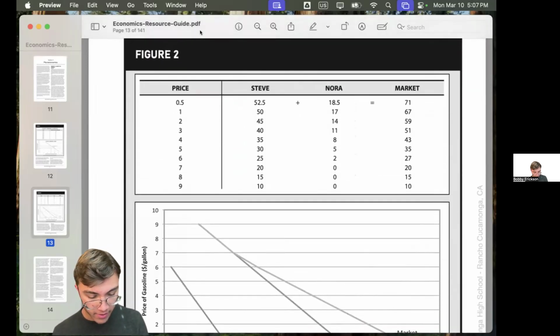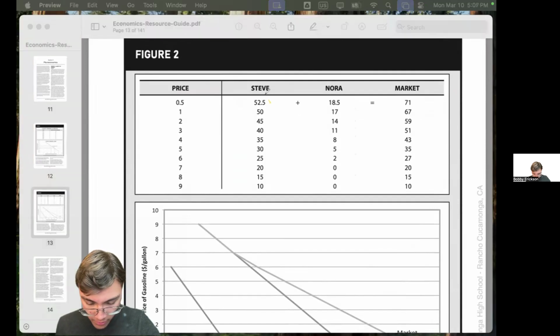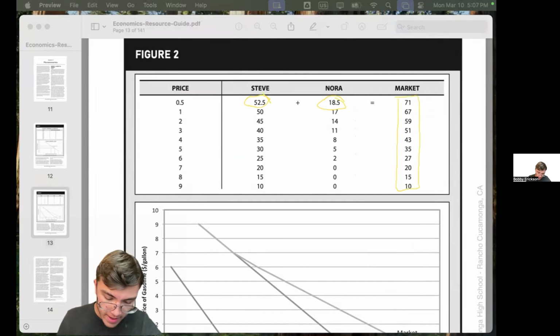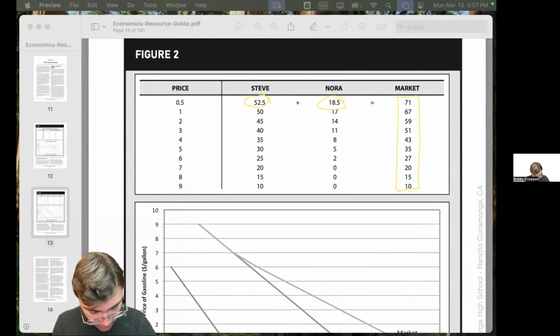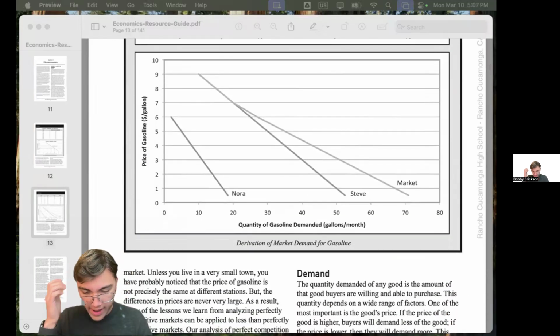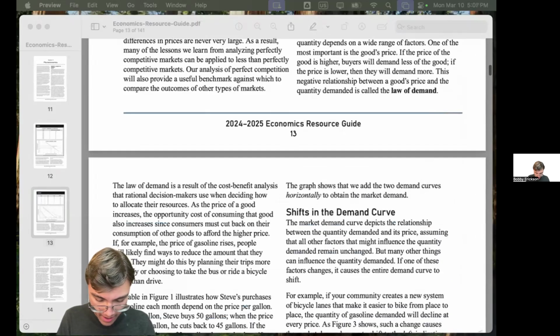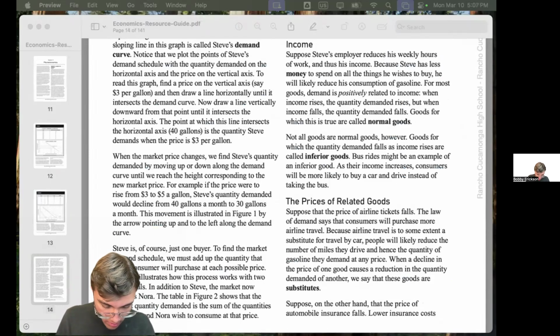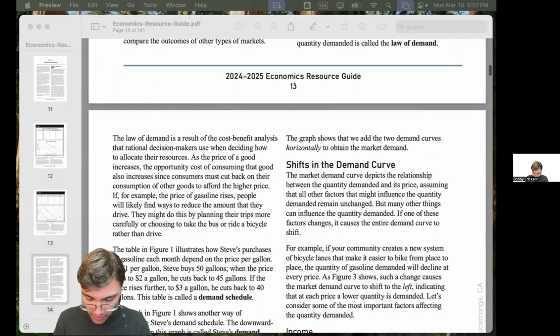If we have the price and the quantities for each price for both Steve and Nora, we can create a market if it's just between Steve and Nora. And for the price of gasoline, we can see that it changes. And so we have this demand curve for the entire market, which sums up the different quantities.